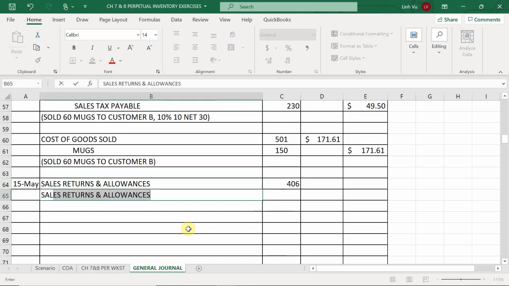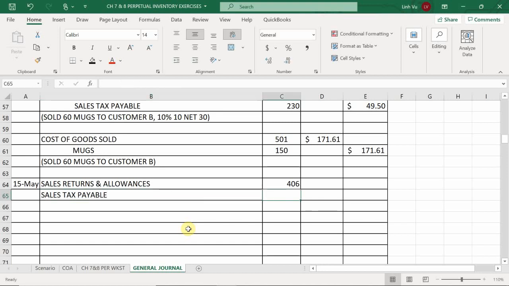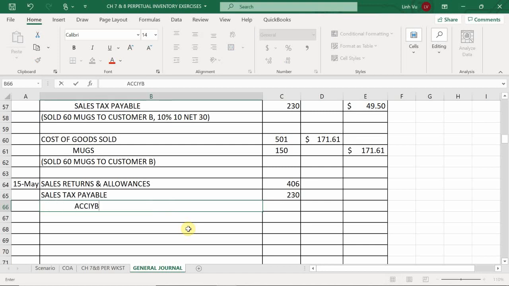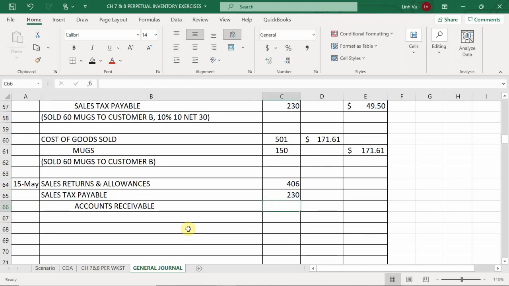We're going to give back their sales tax money. And how did they pay? They paid with accounts receivable, so we need to reduce the amount of money they owe me because they haven't paid yet. Which is 103.